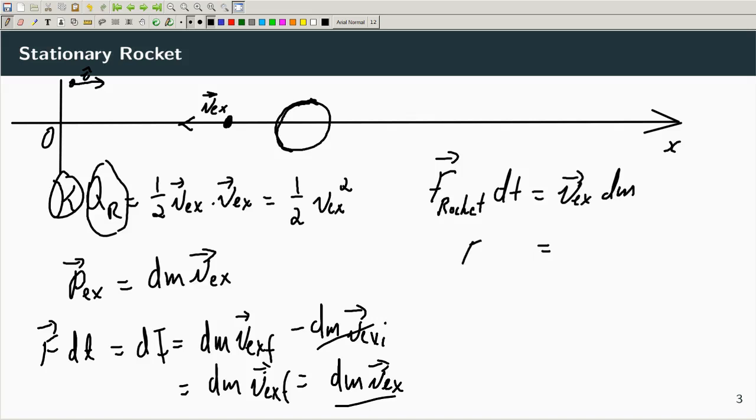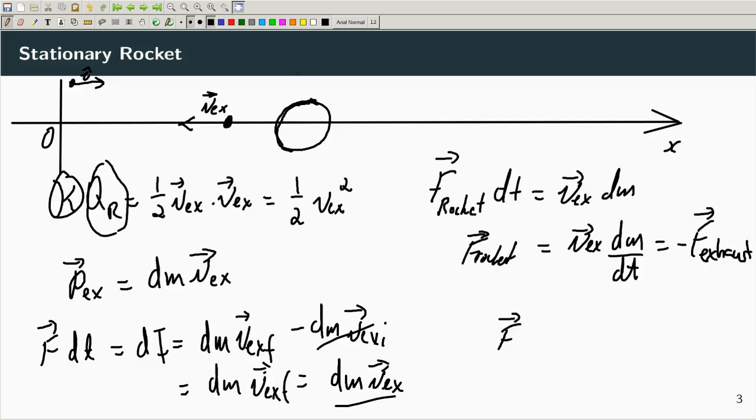We can rearrange that too, by dividing by the dt, and that's equal to the negative force of the exhaust, which is just Newton's third law, because the rocket acts on the particle and the particle acts on the rocket in equal but opposite directions.